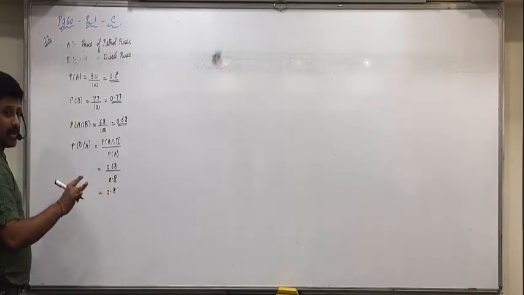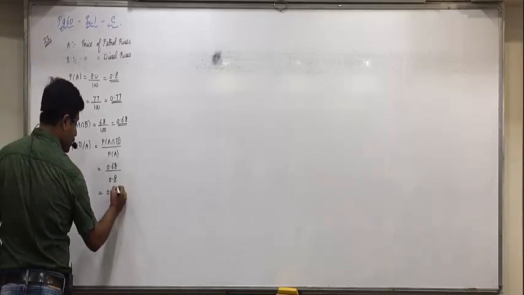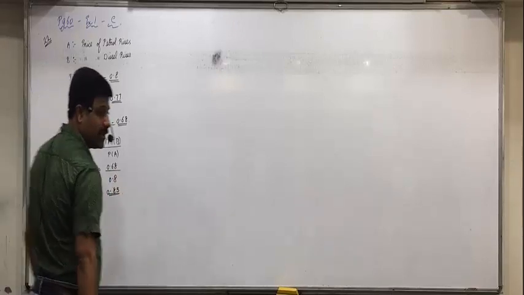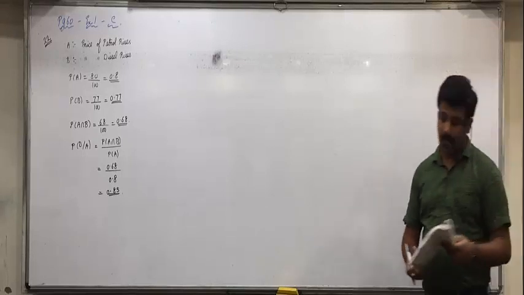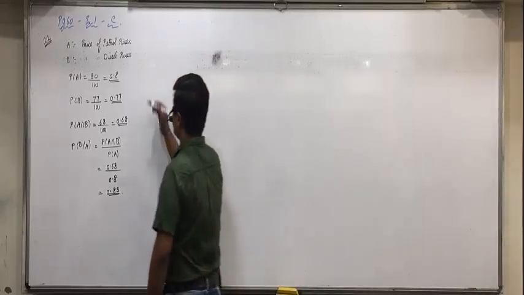Is it coming in 2 decimals? Exact, 0.85. Are you all clear with this? Now, last question of section C, question 23.